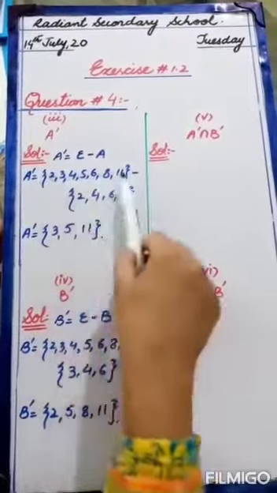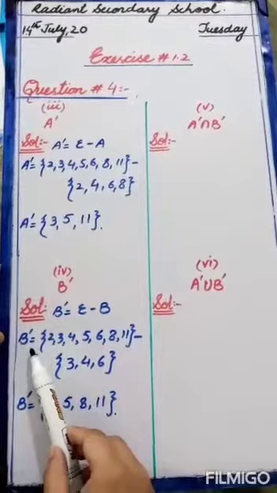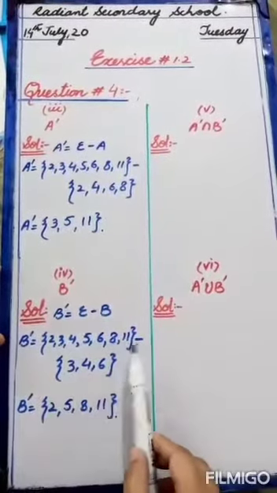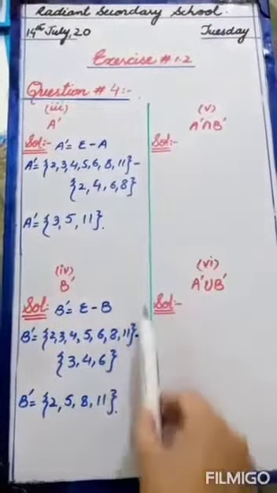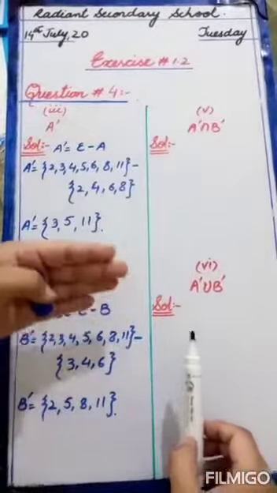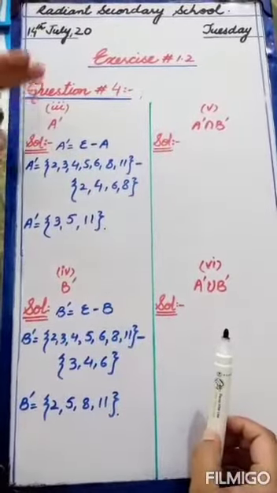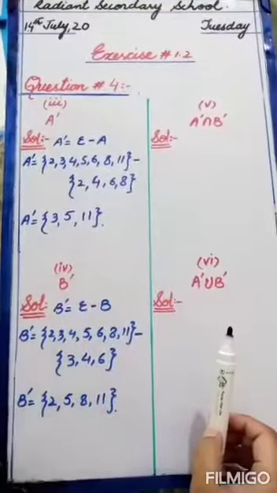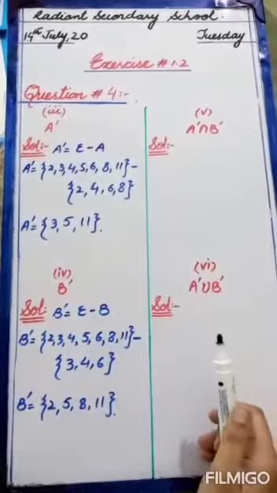You have to write it in one line. Same like B complement, when you take B complement, you will write universal set difference B in one line. Clear? You will not do these parts in your copy like this, right? You have to follow the school pattern. First part number 3, then part 4, then 5 and 6. You will not do them in front of each other.